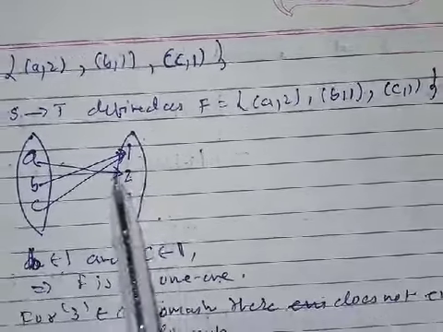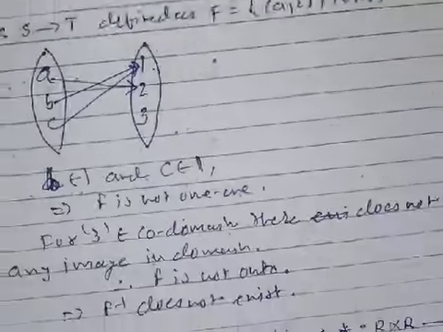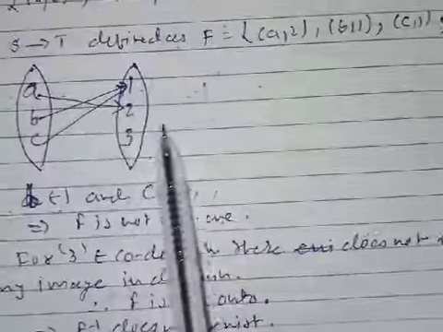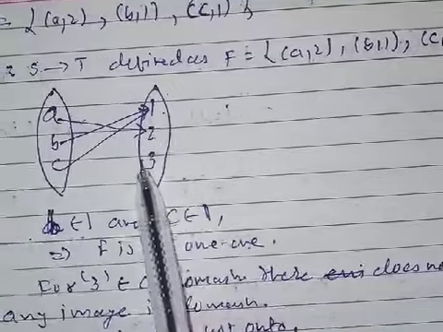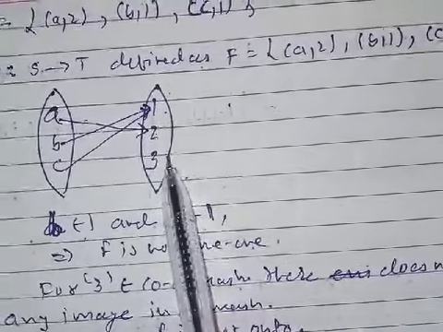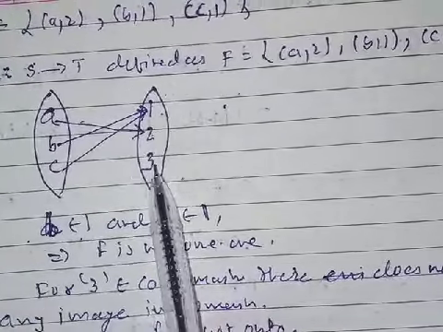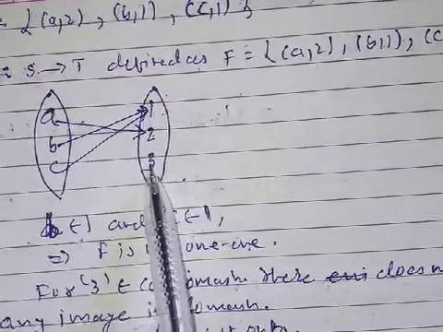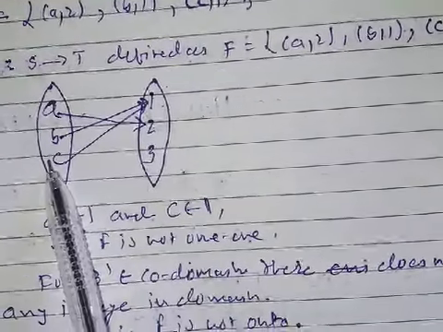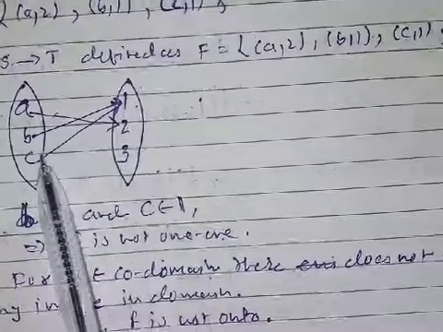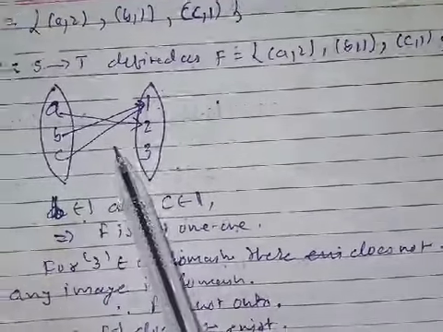So F is not one-one. Here you see that 3, which belongs to the codomain, does not have any image in the domain and therefore F is not onto.